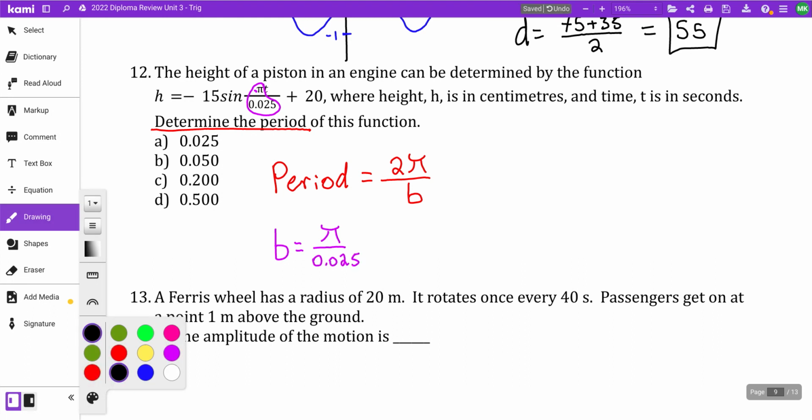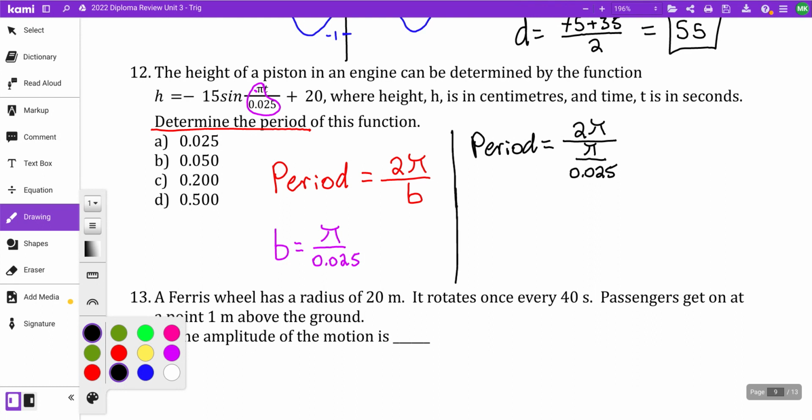That means if I wanted to calculate my period, it equals 2 pi divided by pi divided by 0.025. I don't know what that equals. Actually, the pi's will cancel out.